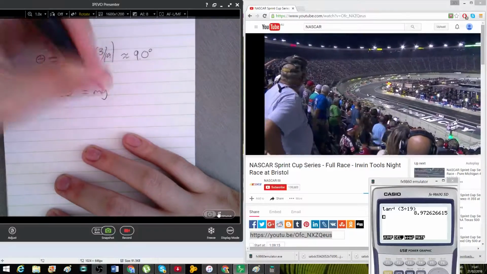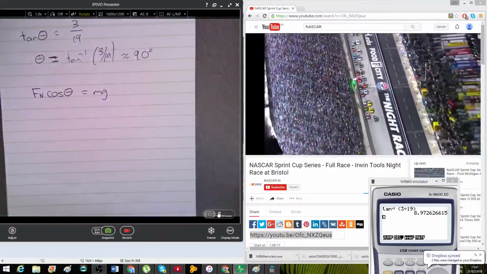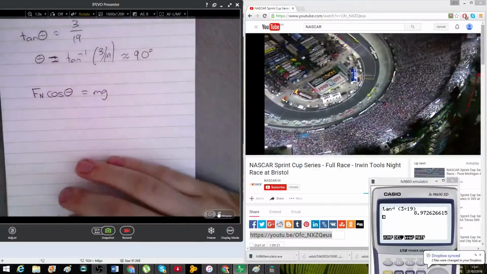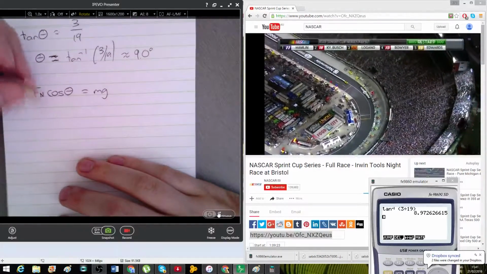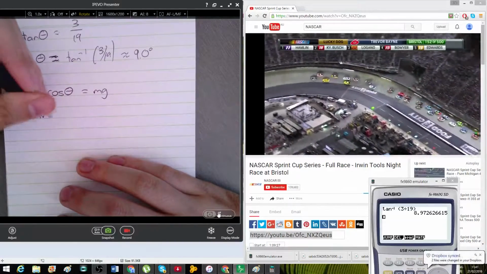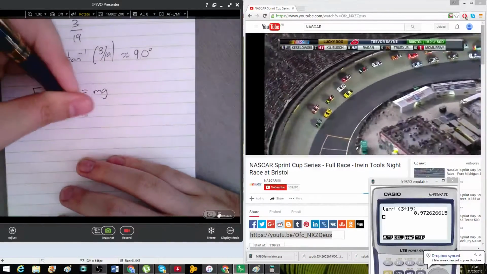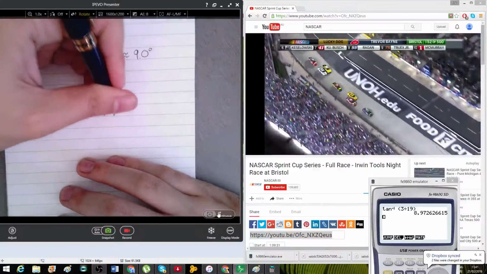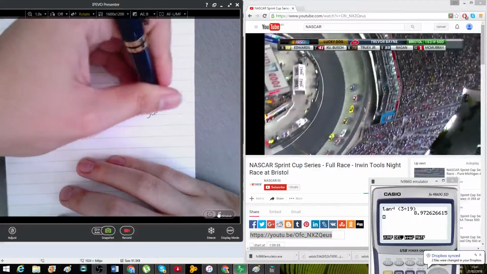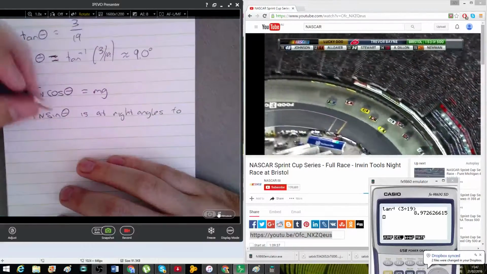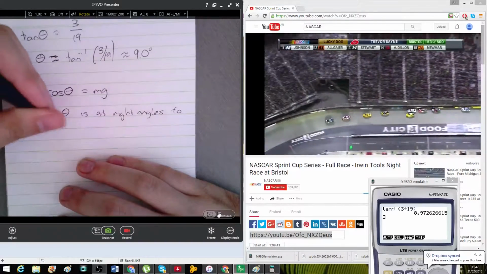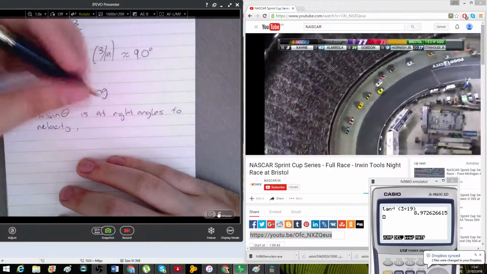That's true if the car is not sliding up or down the ramp. Now, the other part, the Fn sine theta, is at right angles to velocity. So thereby it provides you centripetal acceleration.